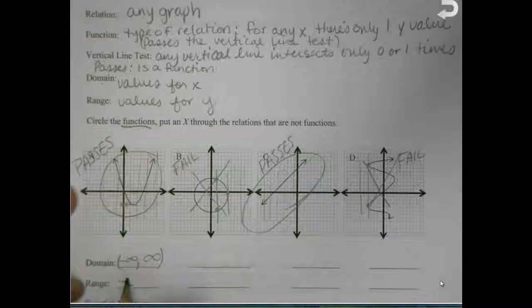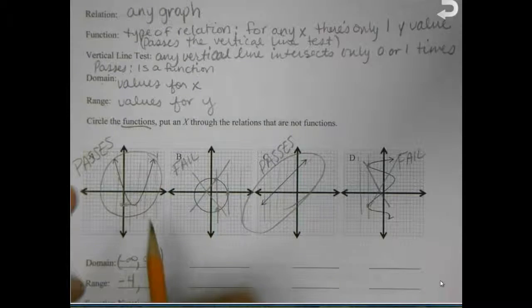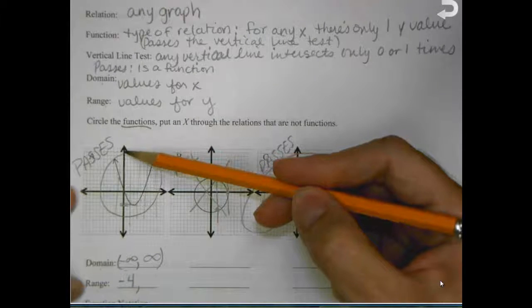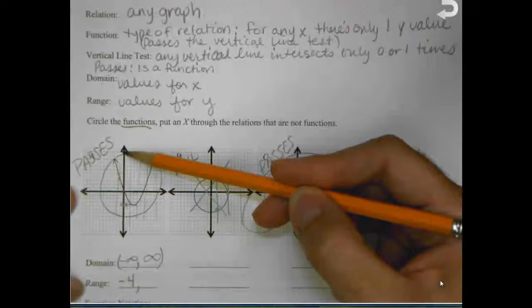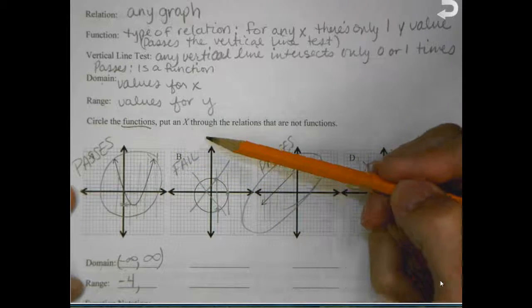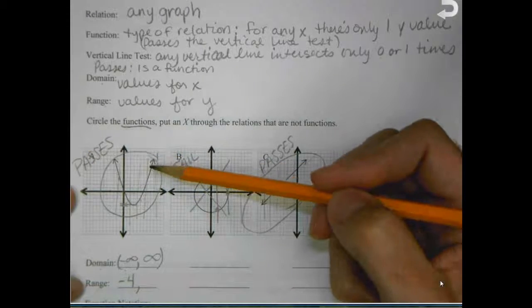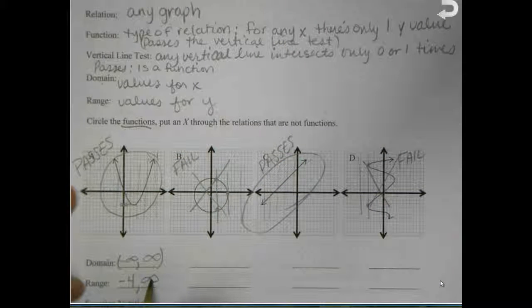So we'll say it's -4. And then as high as I can go in the y direction, if I have a y value of, say, +1,000, I would eventually be able to go right or left to a point on my graph. So I can say it does go all the way to +infinity.